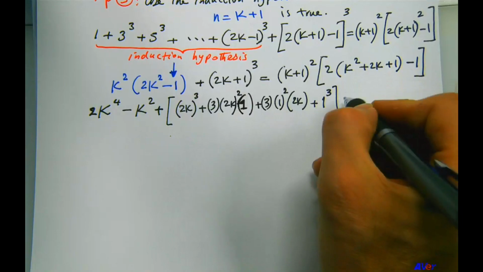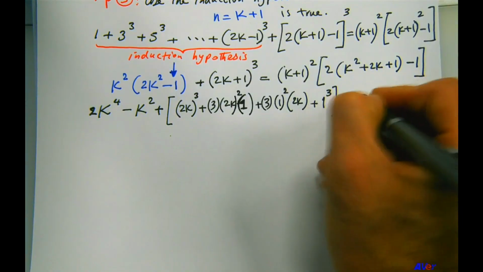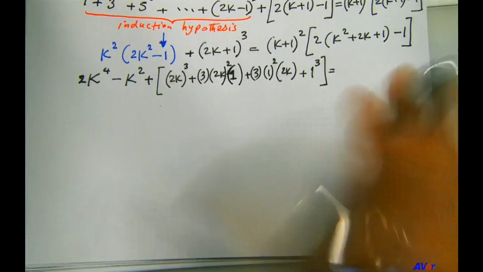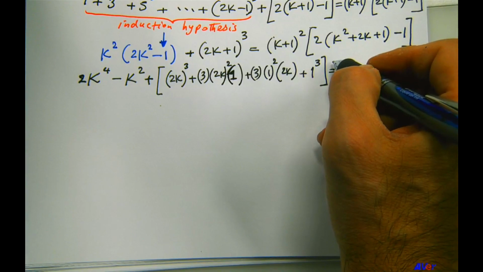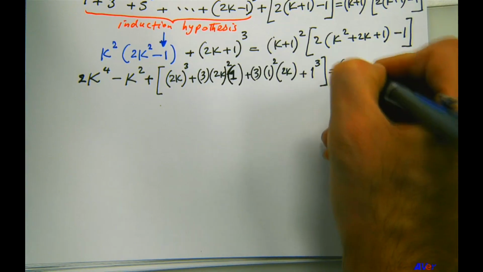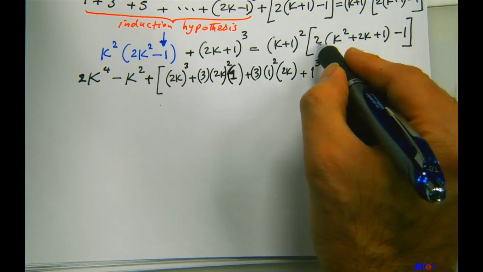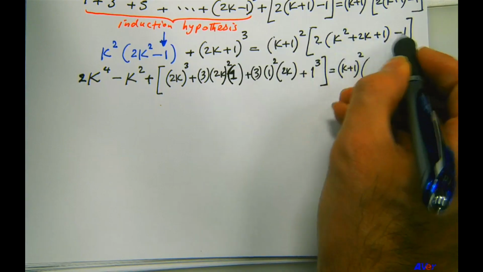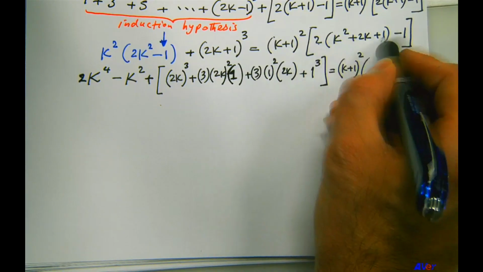And then equals, on the right, I'm going to run out of space here, but I'll try to fit it. Maybe I can. So we have k plus 1 squared times, if you distribute this 2 into this and simplify it with this minus 1, you get 2 times 1 is 2 minus 1, 1.